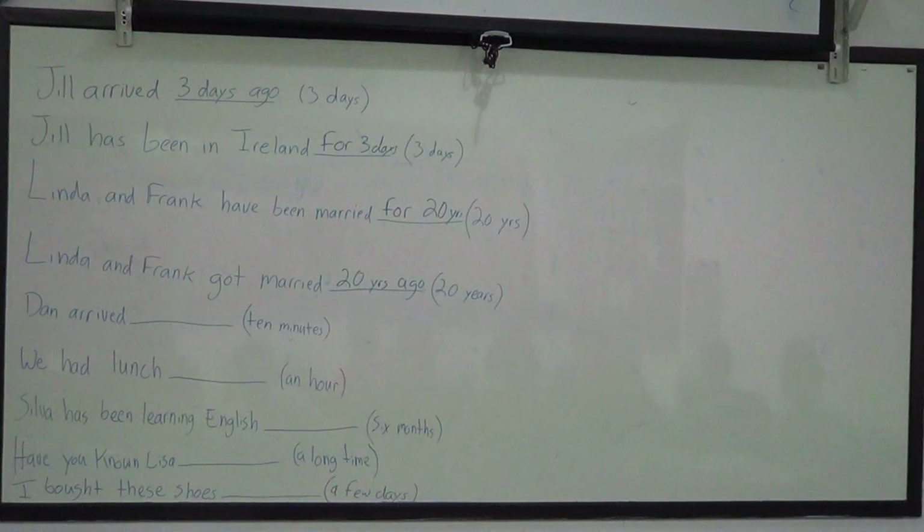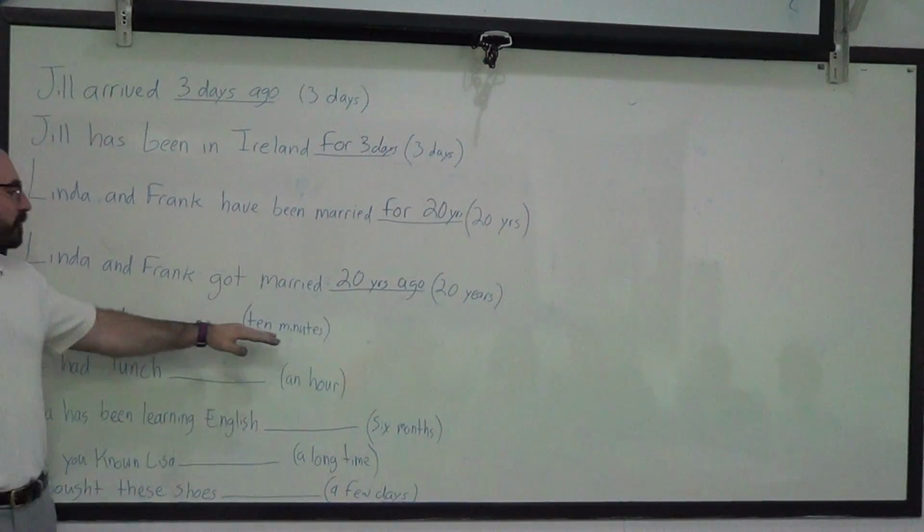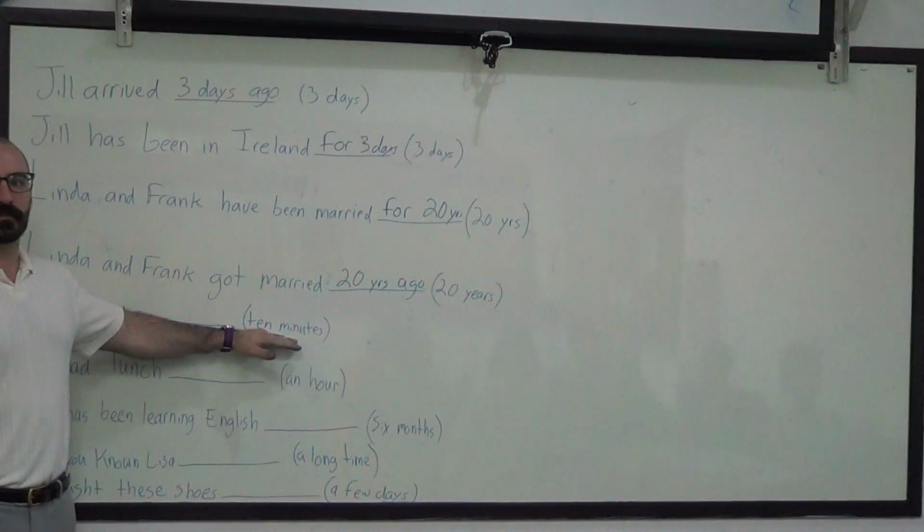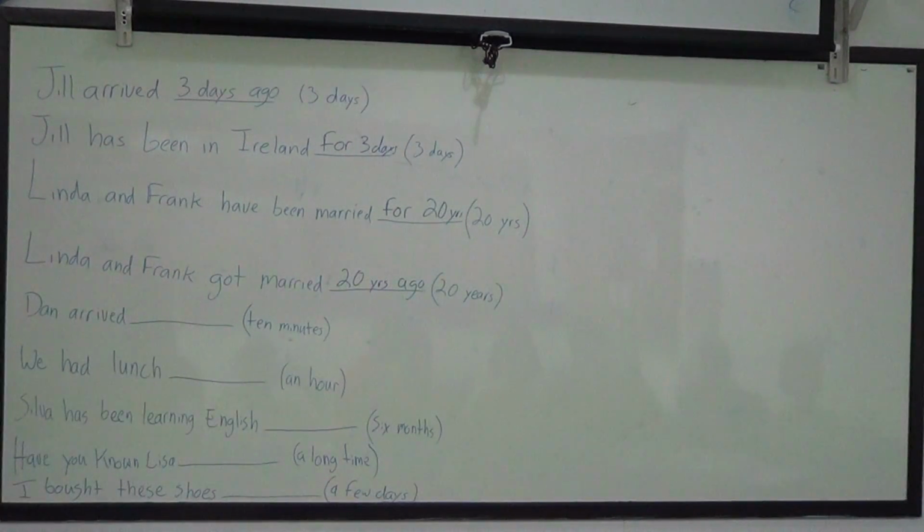Okay, can you see this? I'm gonna read it to you. So Dan arrived, and the time is 10 minutes. So how would you make that into a sentence using either for or ago?